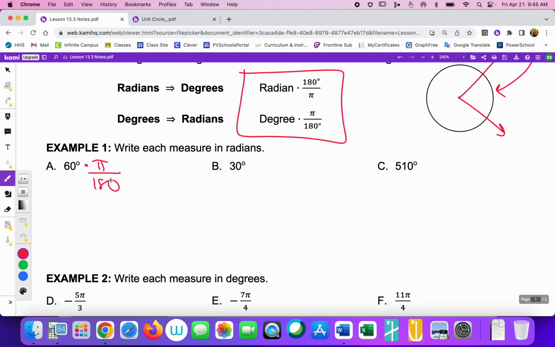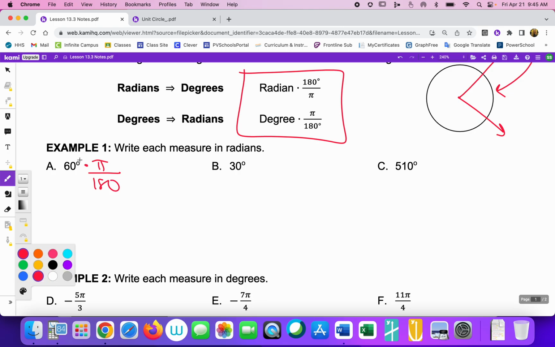Now you can kind of ignore the pi temporarily. Does 60 reduce with 180? How does 60 reduce with 180? 60 goes into 180, which leaves you a 3.